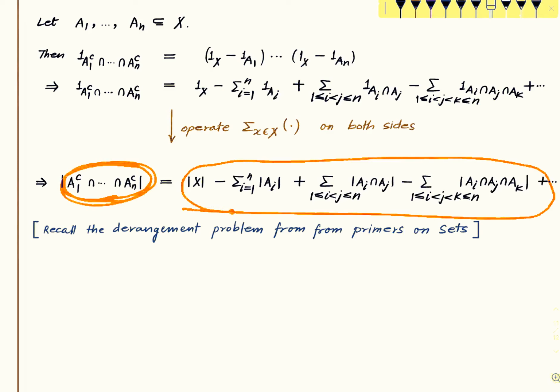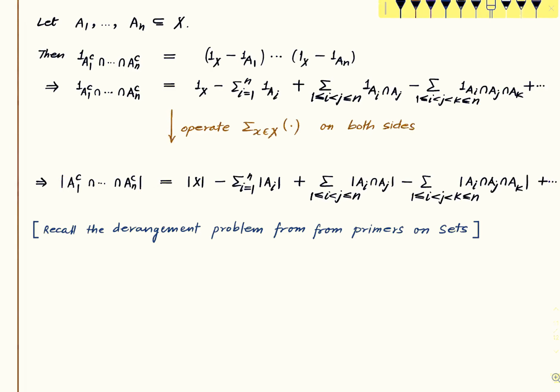But this is what the inclusion-exclusion formula is. You can apply De Morgan's law here, and you can write the left side as X minus the union of these things. So cardinality of that, and it will look more like the inclusion-exclusion formula now. So this is equal to the difference of that.